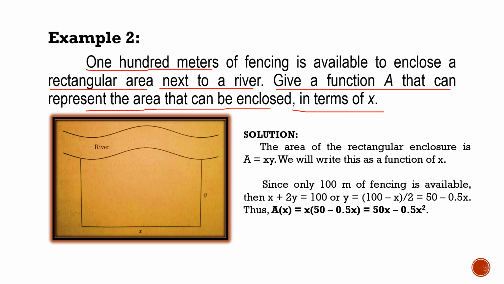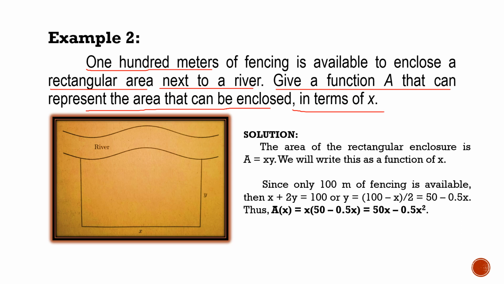So we're looking for the value of y in terms of x, because we're asked to find the value of function a in terms of x. So there is no such thing as a y variable in our final answer, because we're asked to find function a in terms of x only. So we should look for the value of y in terms of x.